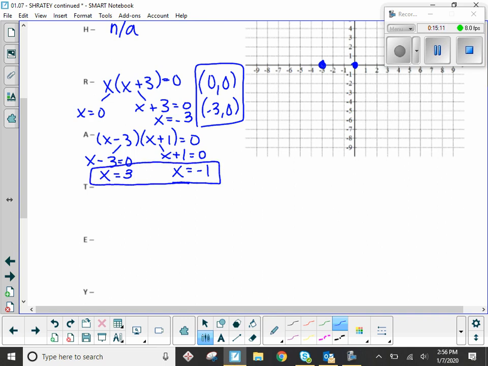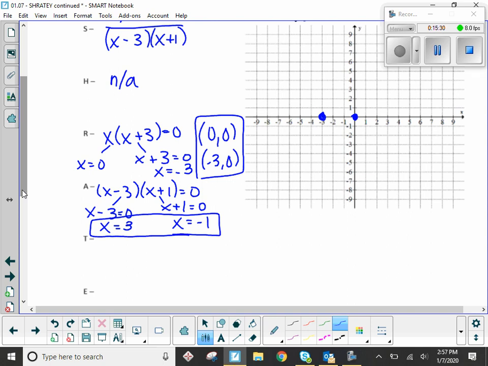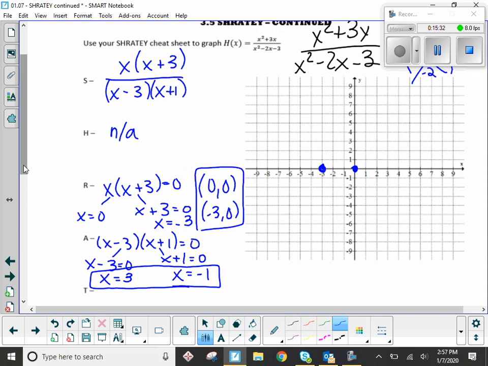And here's how you're going to put those on your graph. They're vertical asymptotes. You're not going to use a solid line because it's not actually your graph. It's an imaginary boundary line that determines the behavior of the graph. So instead of a solid line, we use a dashed line. For x equals 3, I come over to my graph. x equals 3 right here, which I'm sure we all agree on. However, it also equals 3 here, and here, and here, and down here.